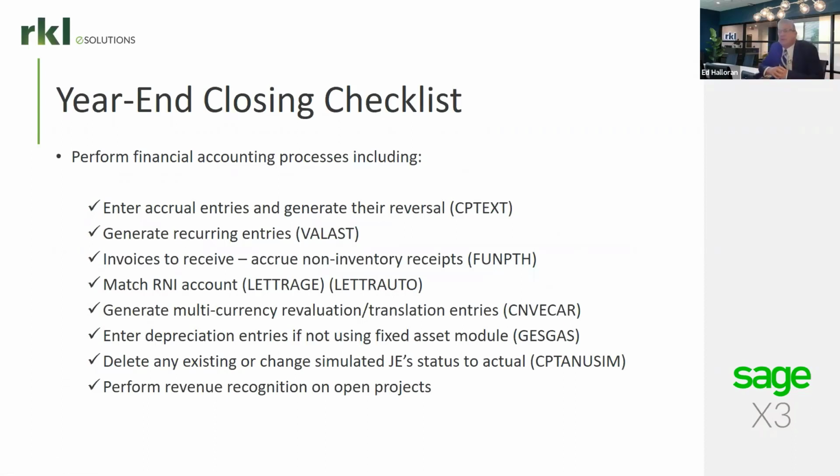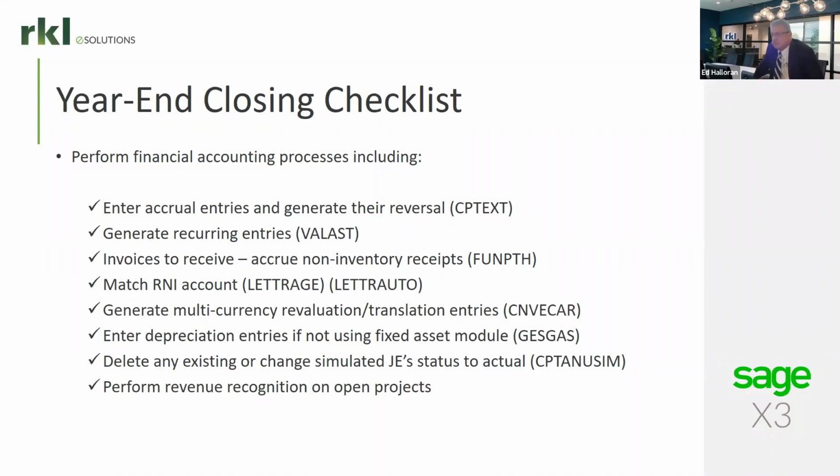Going through the financial accounting process, these are functions that you might run in X3 before year end or month end. You'll want to make sure that you enter all the accrual entries and generate their reversal. It will show up in your closing process error log if you haven't generated the reversal of an accrued entry.